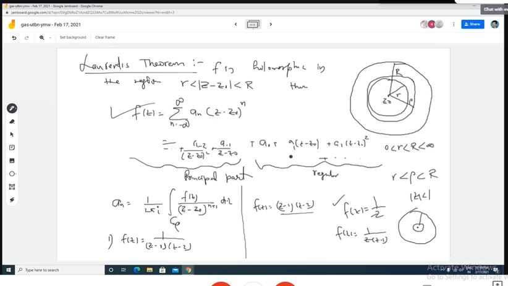There are no negative powers of z, right? So if you have no negative powers of z, then your function is holomorphic. It's completely holomorphic.